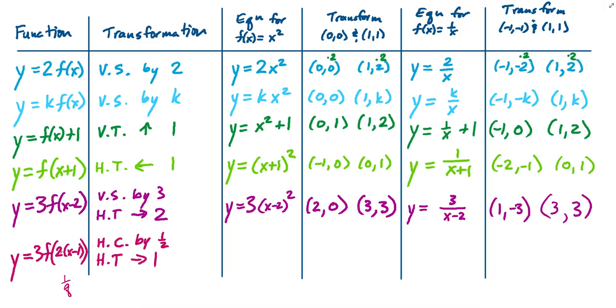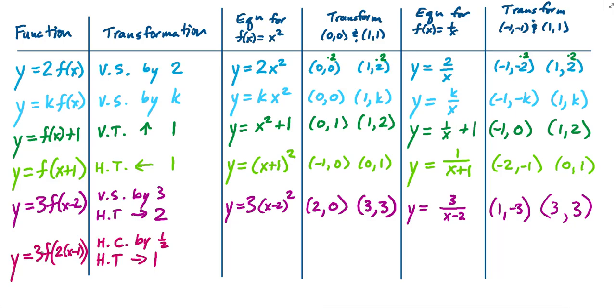So it's 1 over 2 that's multiplying the x-coordinates, not 2 itself. And because 1 over 2 is less than 1, it's a compression. The name matches what's happening. When we're multiplying by a number less than 1, that compresses the curve, so it's a horizontal compression.